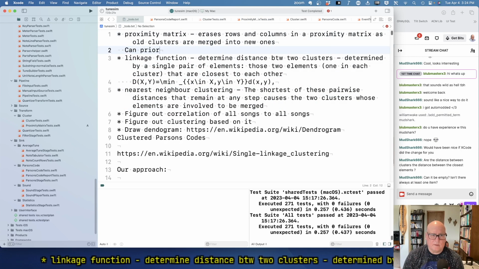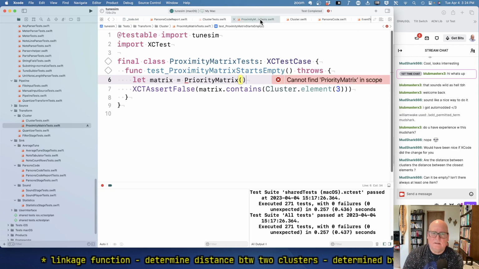Can priority matrix, proximity matrix, I'm calling it priority, be empty? Okay, I'll just leave that as a point of order.